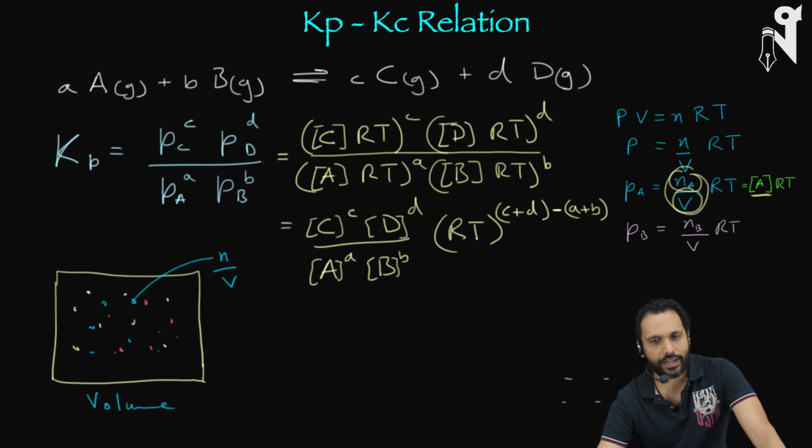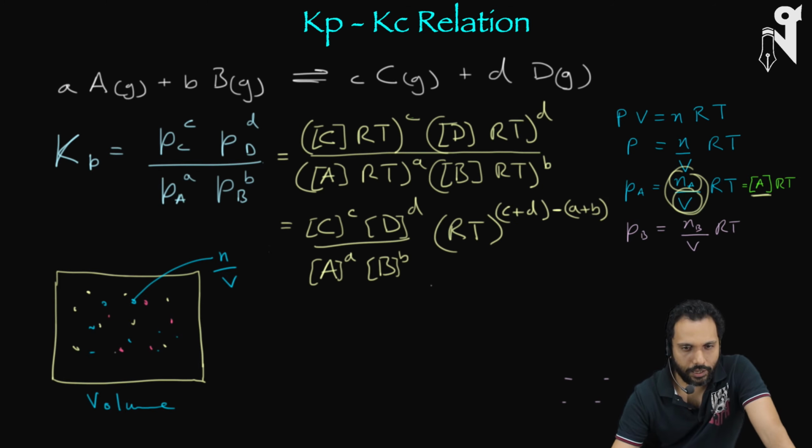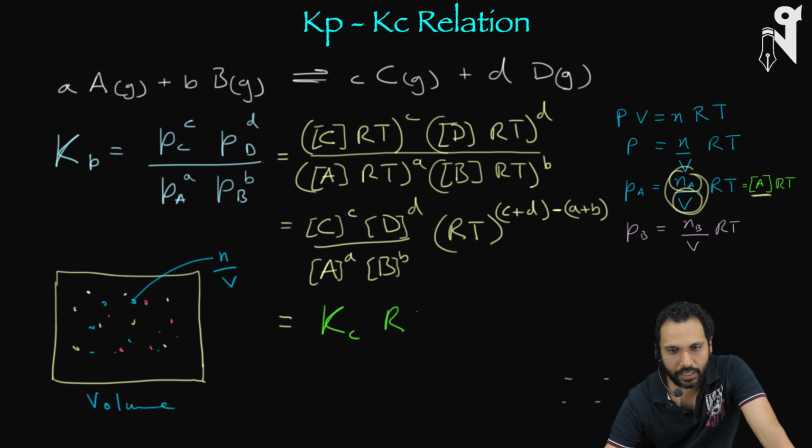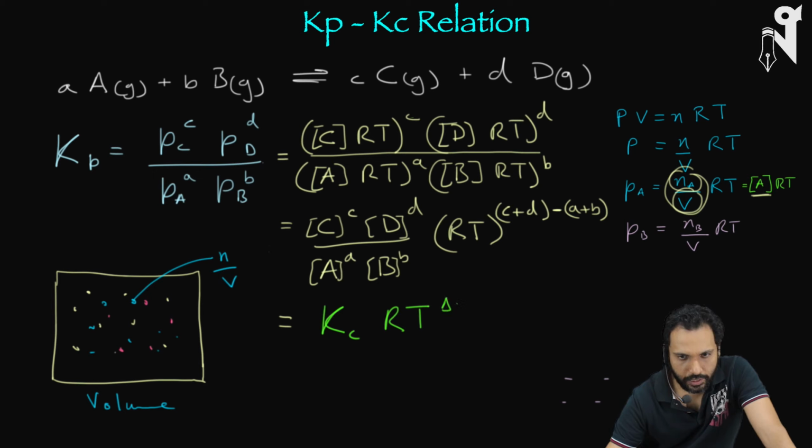So this is what we get, and I hope you can see that this initial part is nothing but your Kc value. So it is Kc times RT, and that c plus d minus a plus b, we can nicely write as delta Ng.